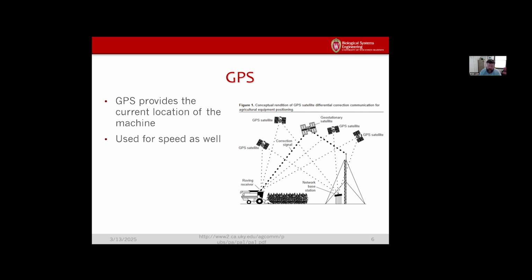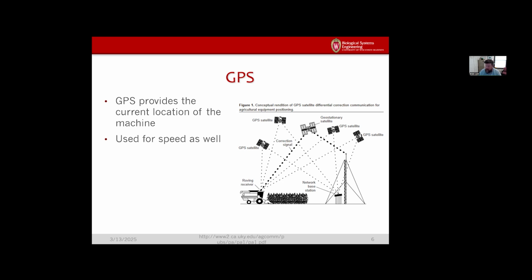So basically, when we look up at the sky, we have this option for GPS satellites that we can connect to. We usually have a roving receiver on the machine that we're operating when we're talking about precision ag. I'll also get into some discussion here in a minute about how I mark my plots and record those data, corners or lines, or delineate the plots as well.